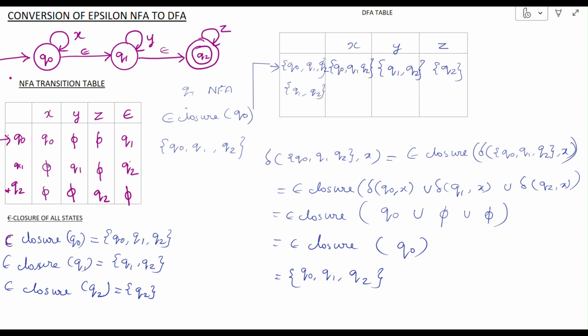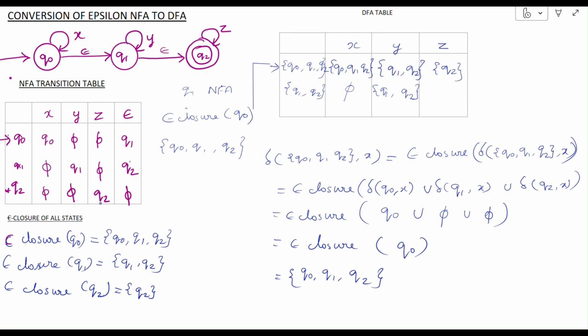The union of these two is null, and the epsilon closure of null is null only. On Y, the union of Q1 and Q2 on Y is Q1, and the epsilon closure of that is Q1, Q2.